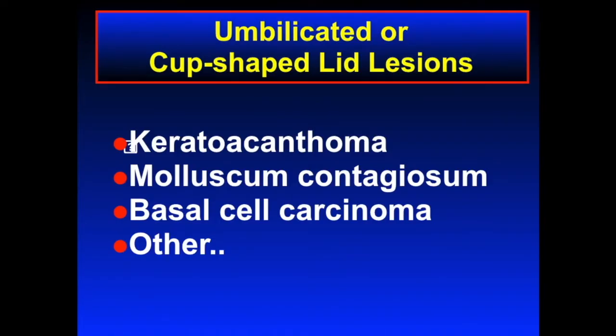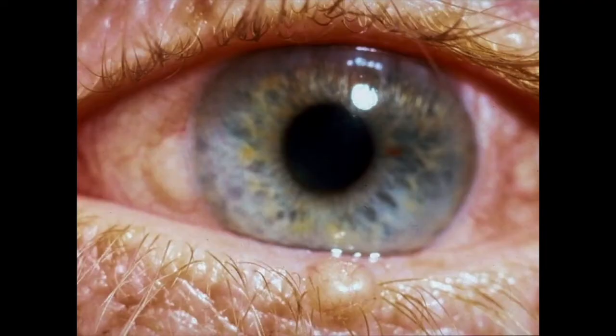There are other umbilicated or cup-shaped lesions of the eyelid besides keratoacanthoma. Molluscum contagiosum frequently has an umbilicated appearance, and of course basal cell carcinoma often has a crater. Here's an example of a molluscum contagiosum of the lower eyelid.